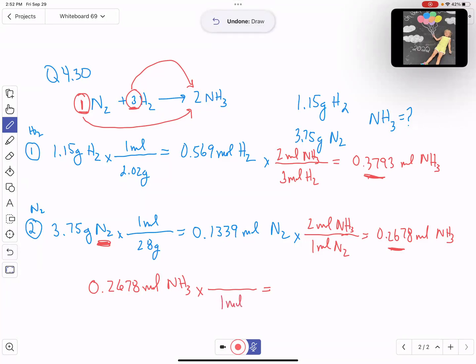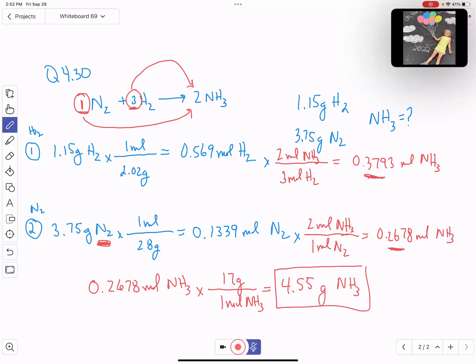For every 1 mole of ammonia, we need to have 17 grams of ammonia. So we're going to multiply that by 17. All right, times 17, which is the molar mass, to get, all right, I can make approximately 4.55 grams of ammonia in this reaction.